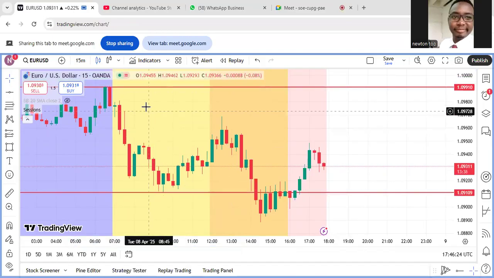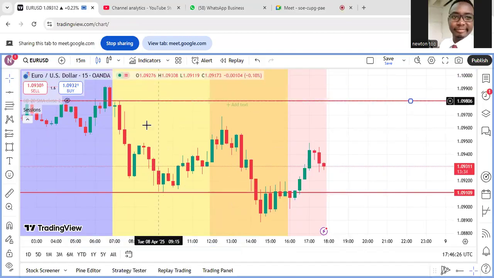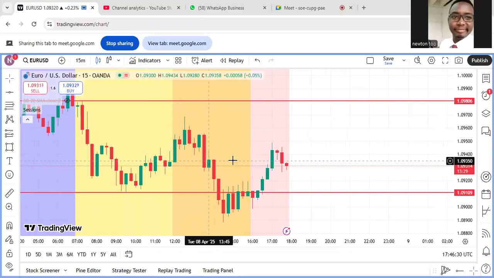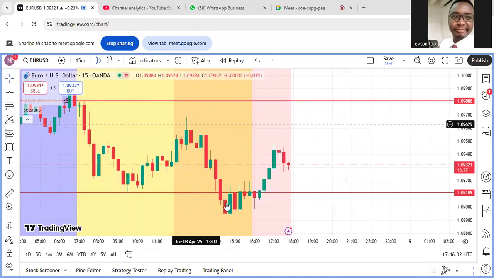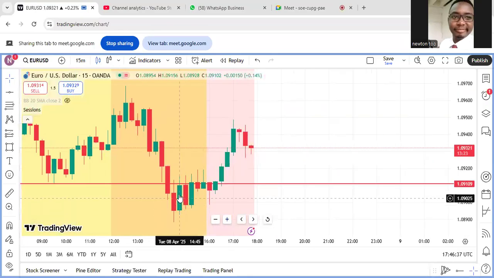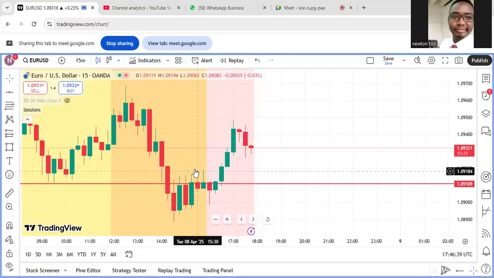You can see the market came down to the low of London, then it gave us a W pattern. So this is also another entry to trade if you always trade Euro USD.